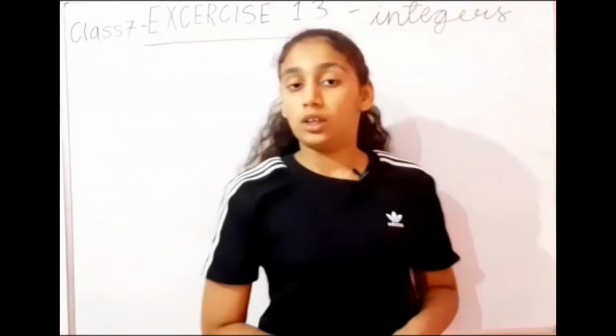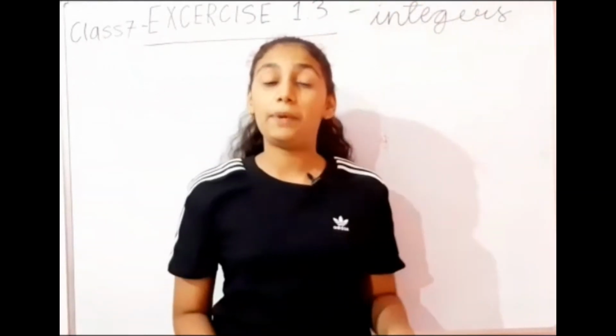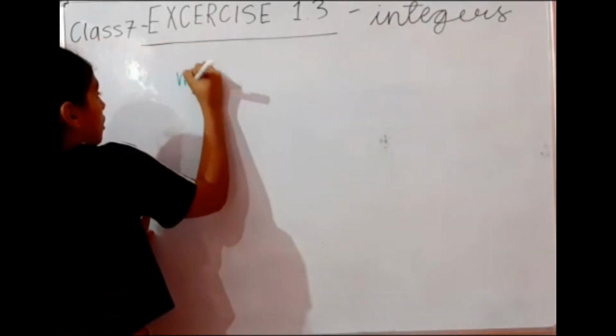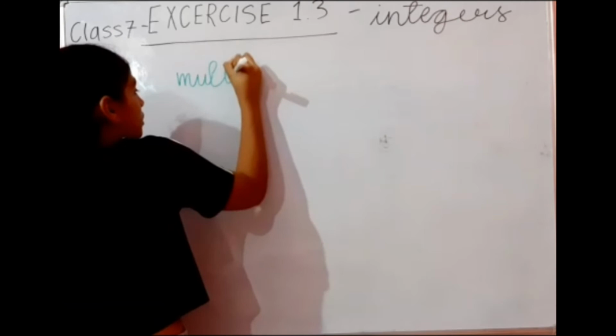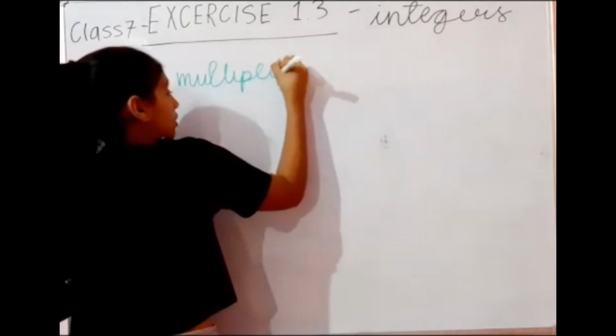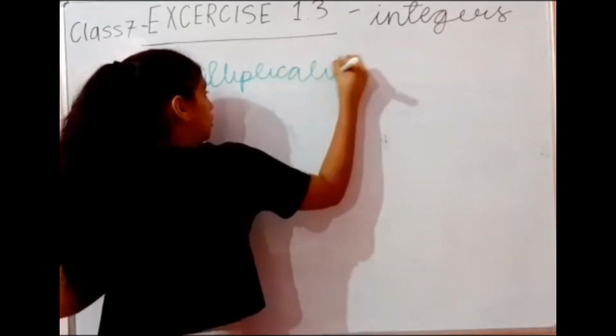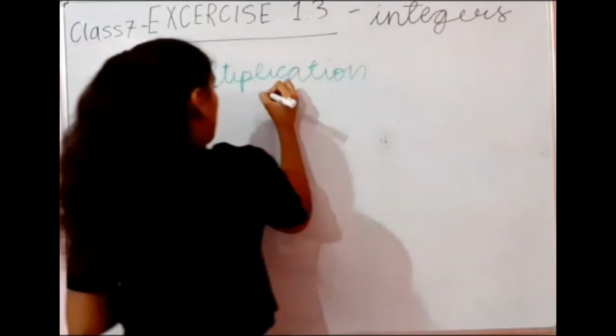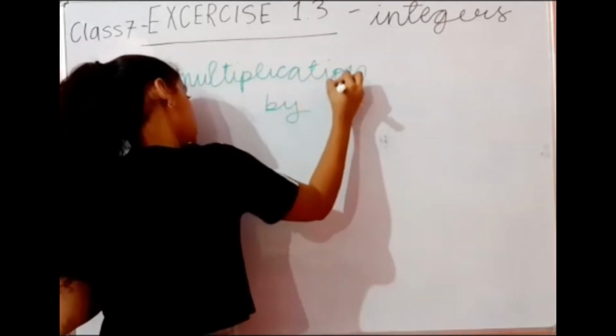So now the next property is multiplication by 0.